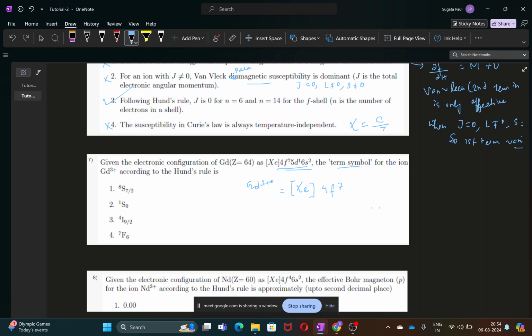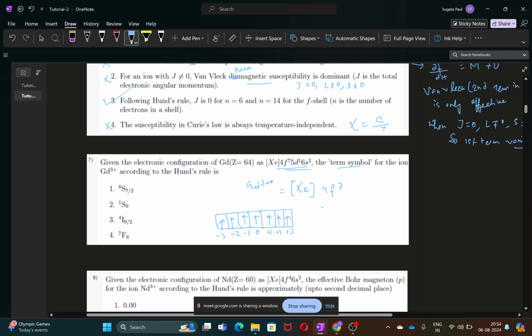Now for the term symbol you have to again draw the cell structure of the last shell. So it is an F shell: 1, 2, 3, 4, 5, 6, 7. If you have 7 electrons, that means 1 electron in each cell, and the shell is half filled. So this is 0, plus 1, plus 2, plus 3, minus 3, minus 2, minus 1.